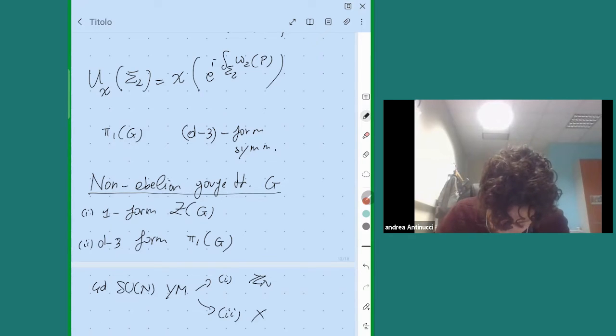While if you take PSU(N), which is SU(N) divided by Z_N, so you are modding out the center, there is both a one-form symmetry, because 4 minus 3 is 1.